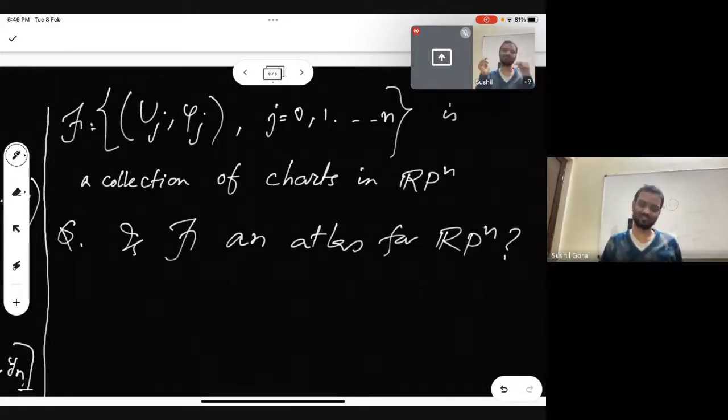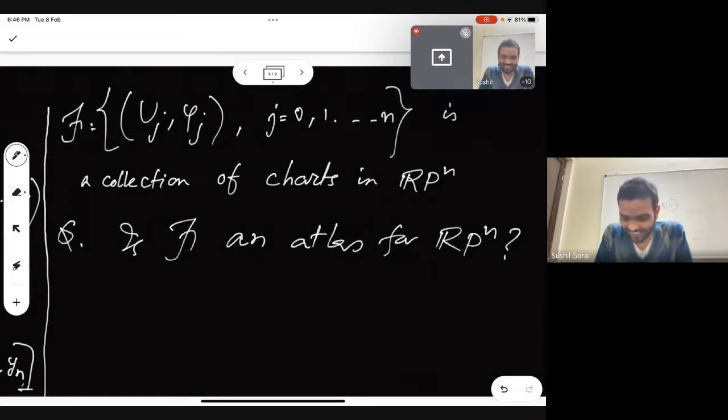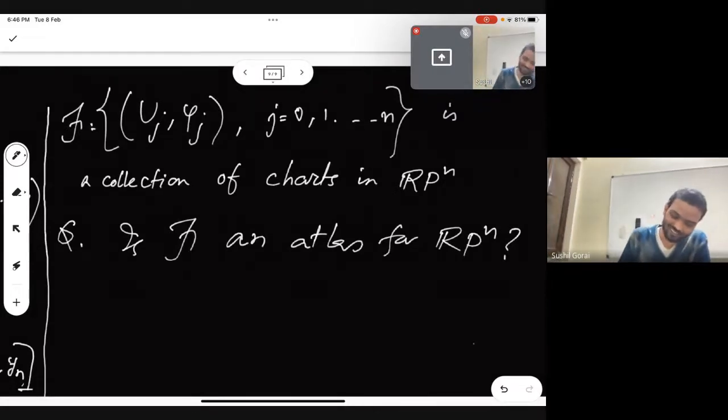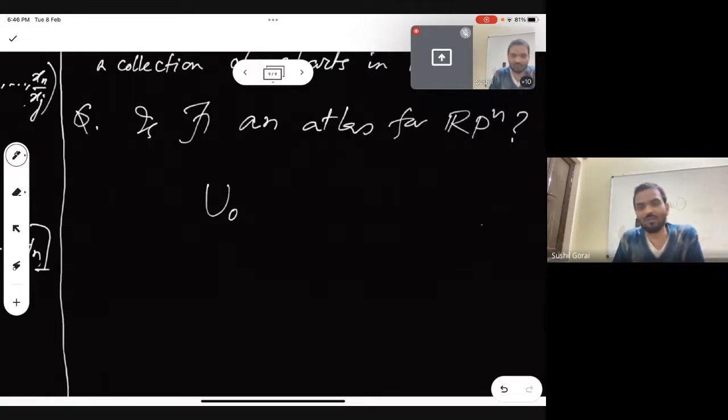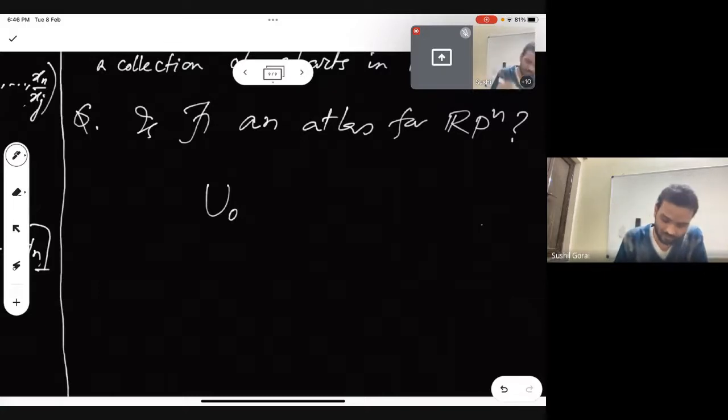So what do you think? Is it true? Yes, sir. Okay, this is very easy now. Let's calculate with U0 and U1; you can do it with U_j and U_k analogously.